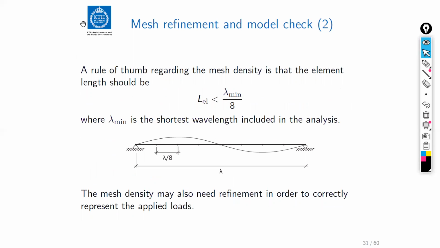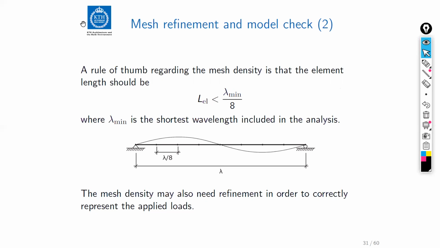In choosing mesh densities and checking our models, it's nice to have some rules of thumb. And I think it's actually not so complicated, because we need to know something about the frequencies that we want to include in our analysis. From those frequencies and the structural system, we can figure out what wavelengths will be relevant.